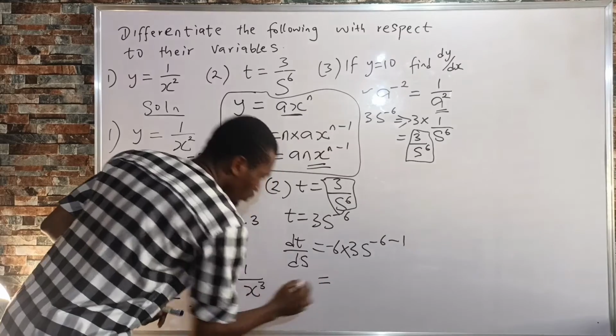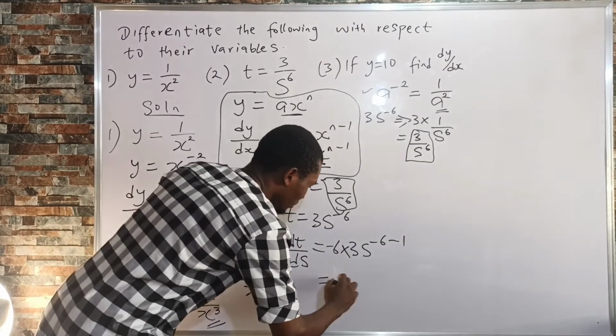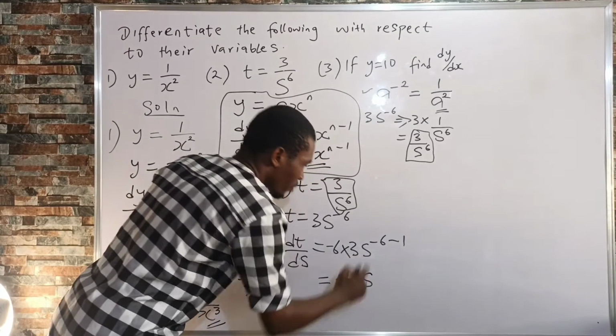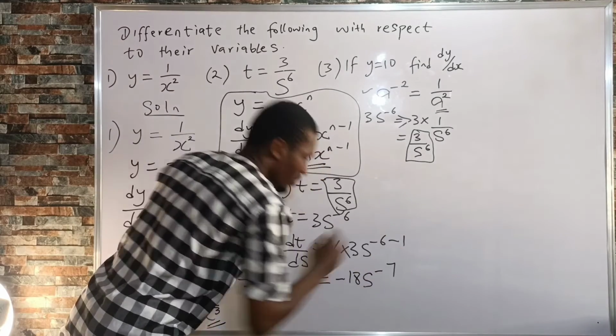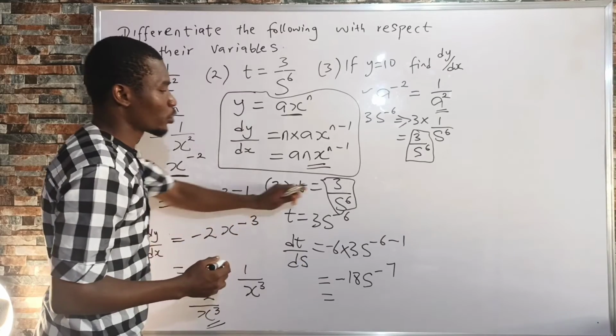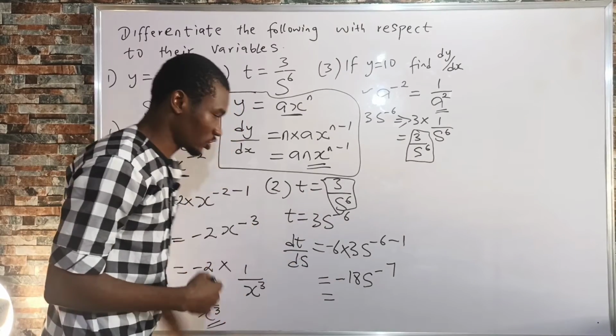Then this is equal to negative 6 multiplied by 3 will give us negative 18. Then s raised to the power of negative 6 minus 1 will give us negative 7. Then solving further, remember that the value we have initially is in fractional form, so we have to leave this in fraction as well.